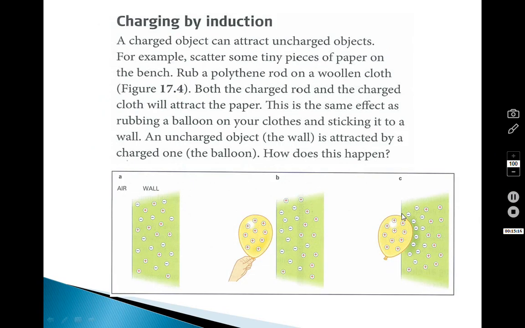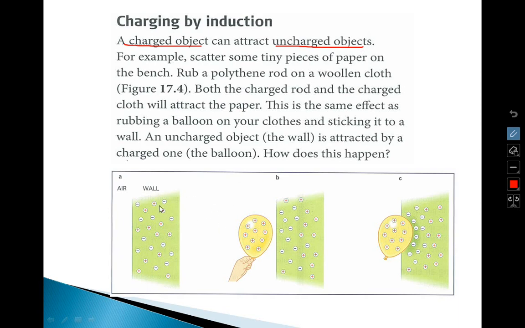Okay, now the second one is charging by induction. We discussed charging by friction. Now we are going to discuss charging by induction. A charged object can attract uncharged objects. Any charged object can attract uncharged objects.